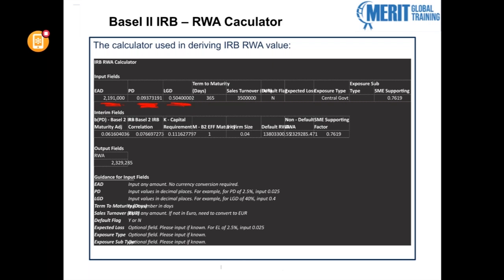It is not after we have lent money to a counterparty that we start gathering the data. No, we start right from the moment any of our customers walks into our branch. We need this information to do our RWA calculation.